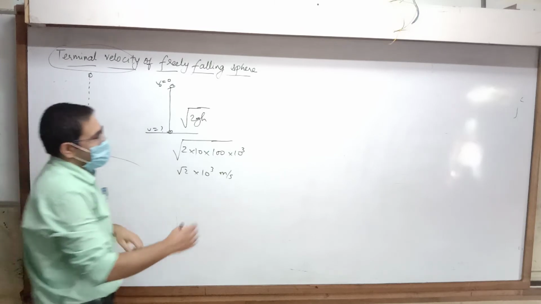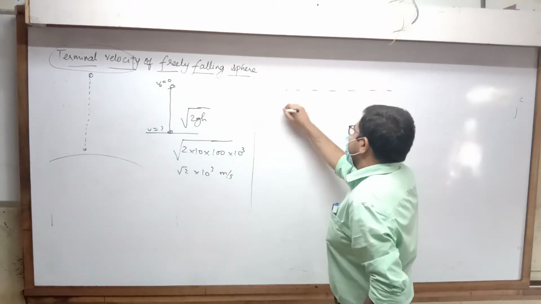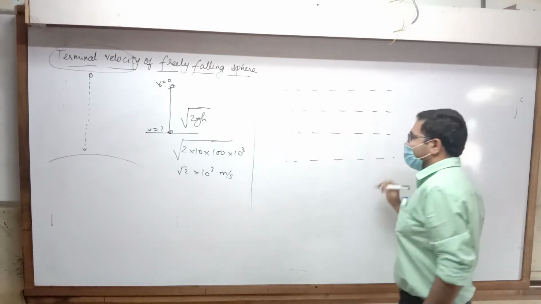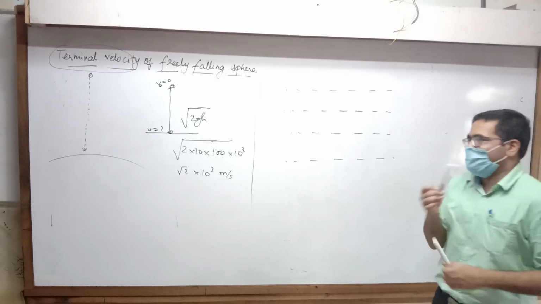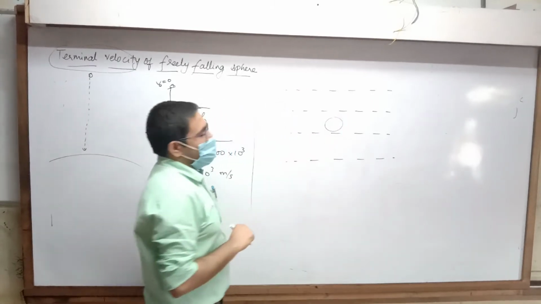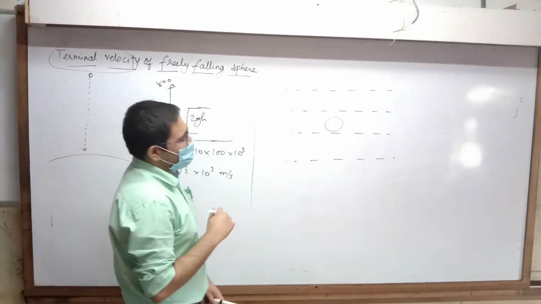So, let's derive it. Suppose that there is a fluid, and in that fluid there is a small sphere. First of all we are going to make the FBD of it.